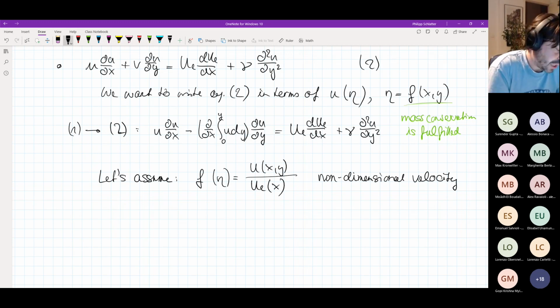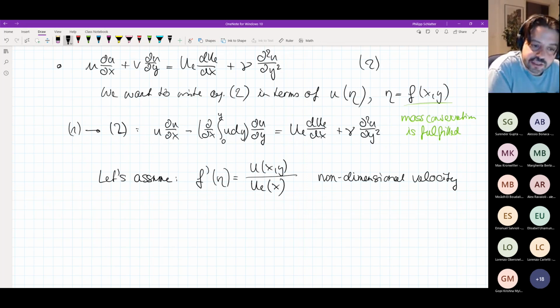Now, I guess this is a reasonable assumption that we can make. The only thing that we don't know yet is this eta, so how we relate x and y to eta, but this will come later. Now at least we know how the u velocity is being scaled. What I will also do here is call this f prime. So I'll say that this is the first derivative of f.